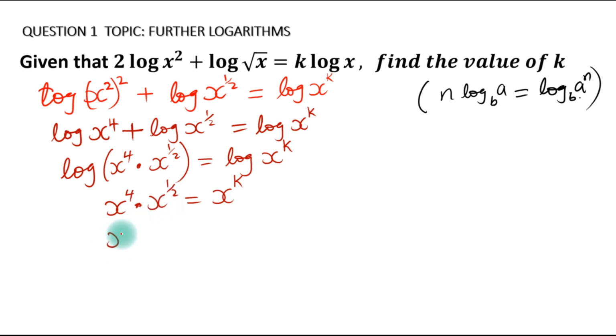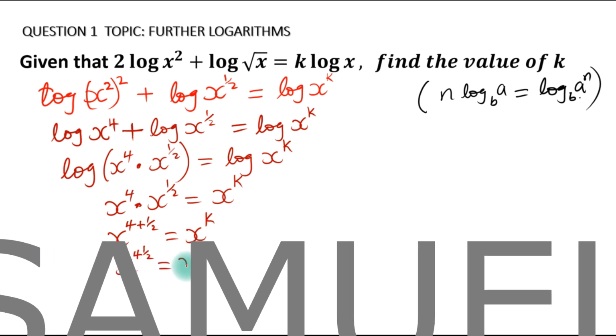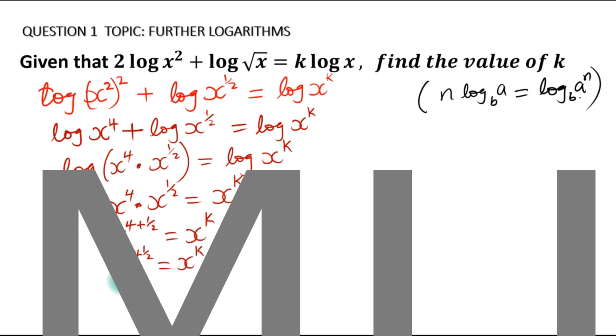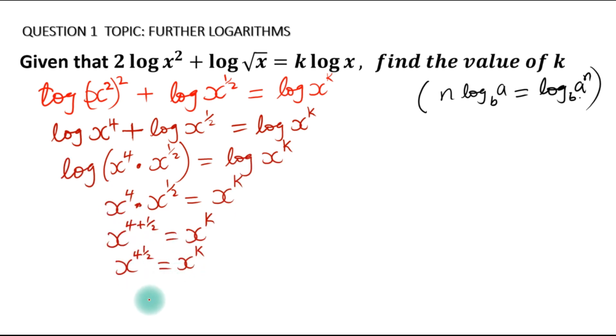So this will be x raised to 4 plus a half is equal to x raised to k, which is x raised to 4 and a half is equal to x raised to k. Since the bases are the same, we equate the powers, and k will be equal to 4 and a half or 4.5. So that is the value of k.